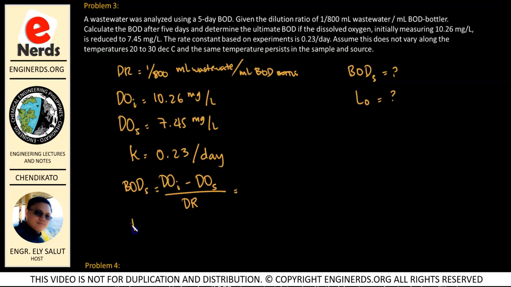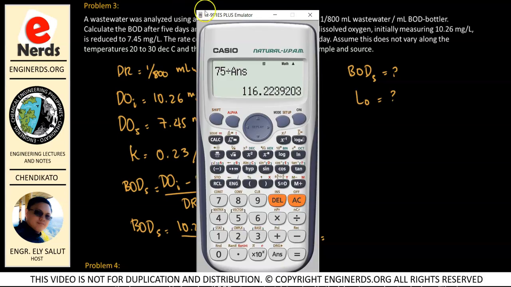So, BOD5 is equal to our initial dissolved oxygen, which is 10.26 minus our dissolved oxygen after 5 days, which is 7.45, divided by the dilution ratio, which is 1/800. Okay? So, base dyan, makukuha na natin yung BOD5. So, ano yung value ng ating BOD5? Let's calculate.